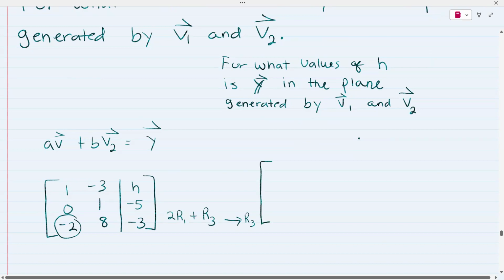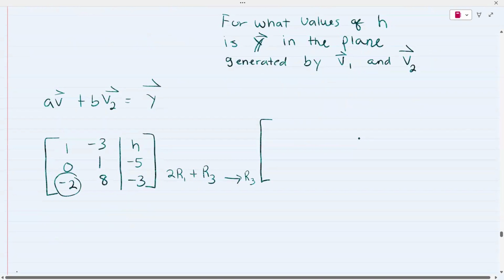So 2 times the first number in row 1, which is 1, plus the first number in row 3, -2, gives 0. Then 2 times the second number in row 1, -3, plus the second number in row 3, 8: 2 times -3 is -6, plus 8 is 2.